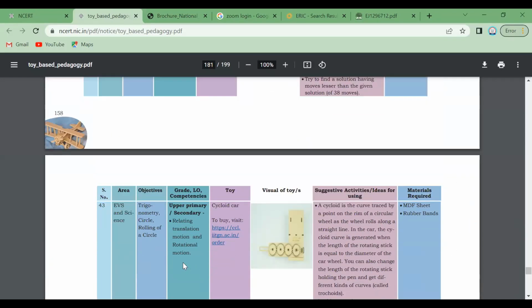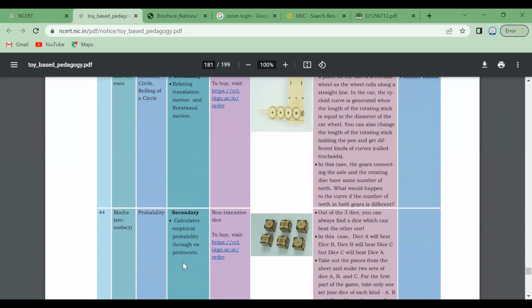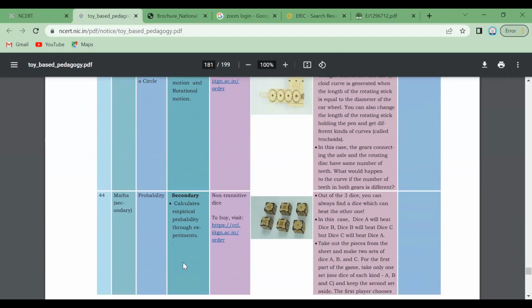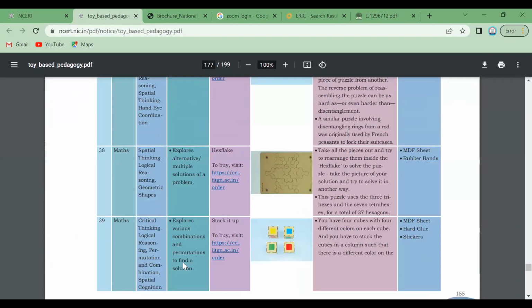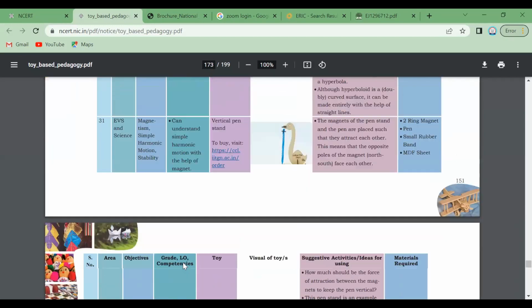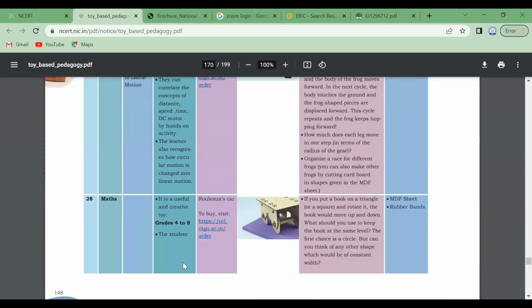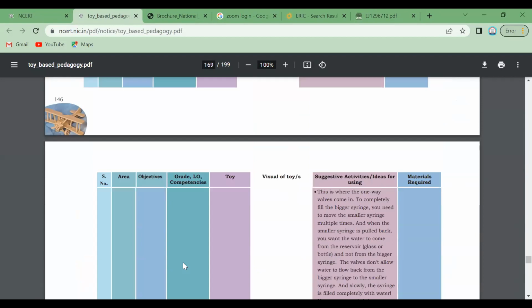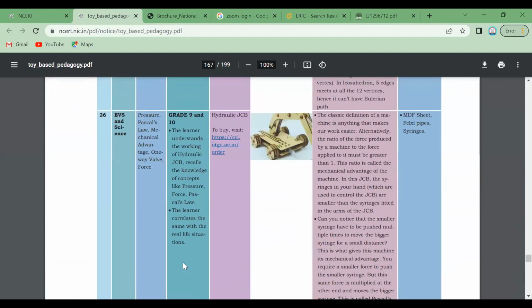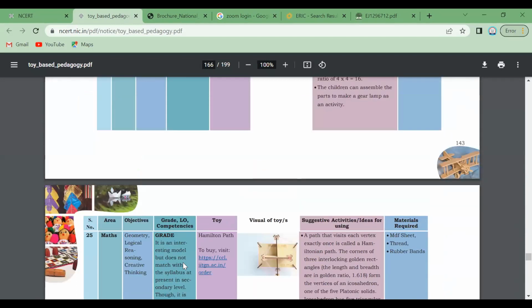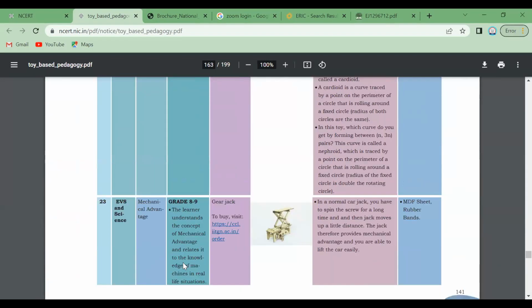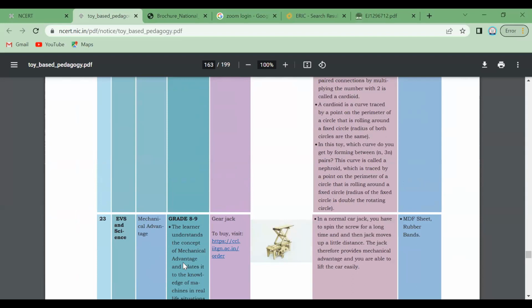See, subject, objectives, learning outcomes, where to buy; you can even buy for your students and use. These are the examples they have given: topics, subject, and what objective it covers. Everything will be there. We will be sharing this document also in the WhatsApp group.